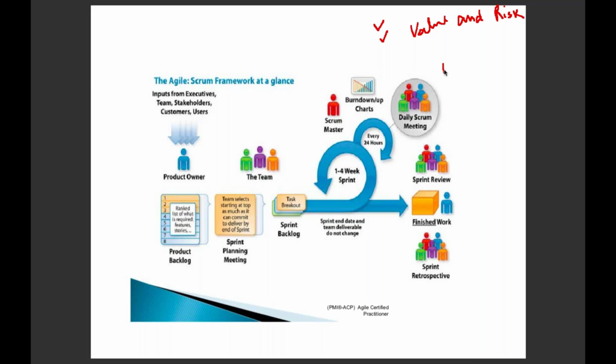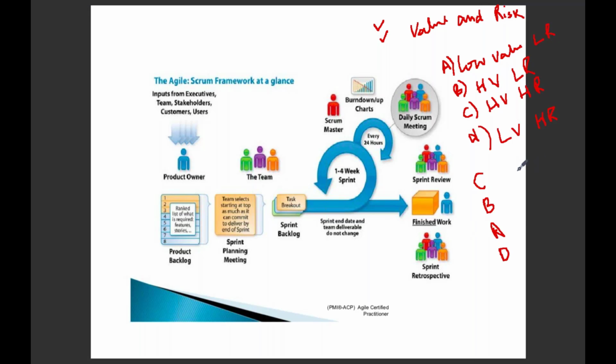You have to arrange it in the right sequence. Let me see how many of you will give me the right sequence. Low value, low risk. High value, low risk. High value, low value. Give me the right order.